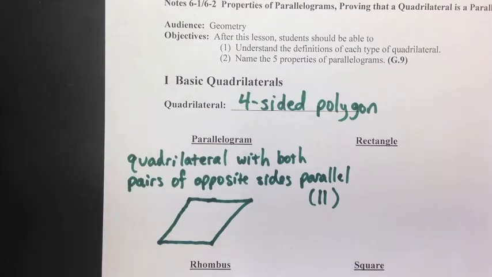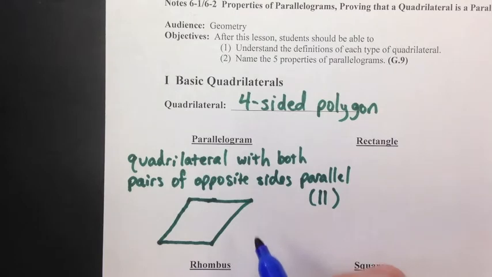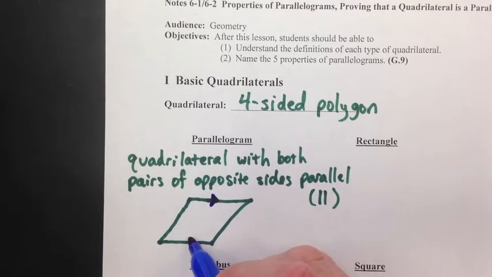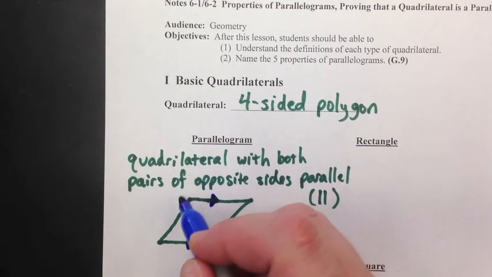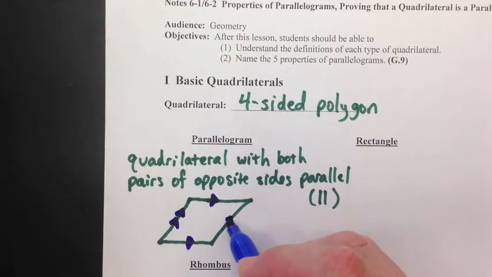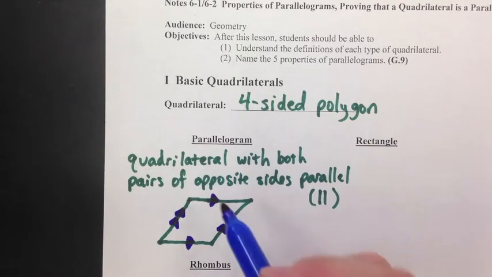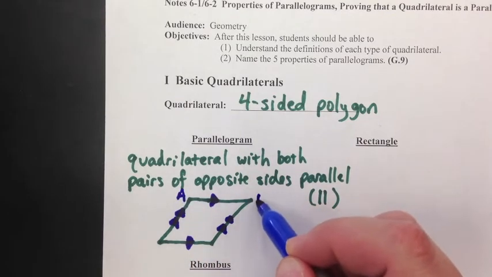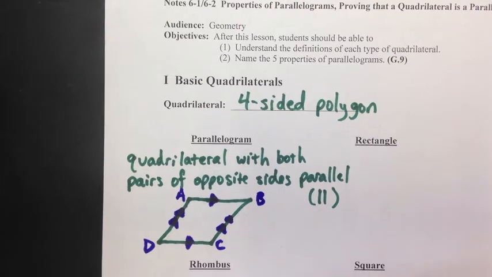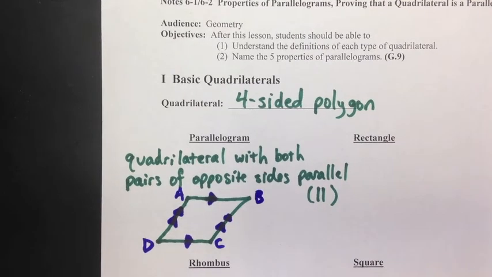And when you label this, what it means to be a parallelogram, the definition is that the opposite sides, so in this case the top and the bottom, they're opposite sides, and then the left and the right, those are parallel to each other. Okay, so if I label this A, B, C, D. Now when I label any kind of quadrilateral, it doesn't matter where I start.